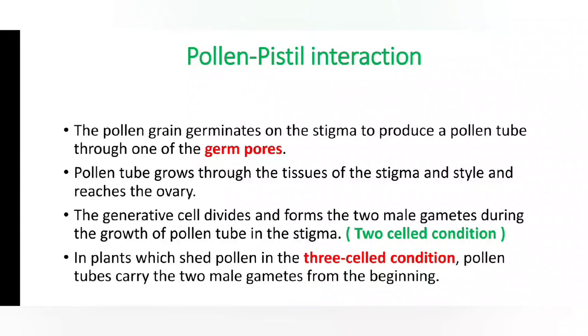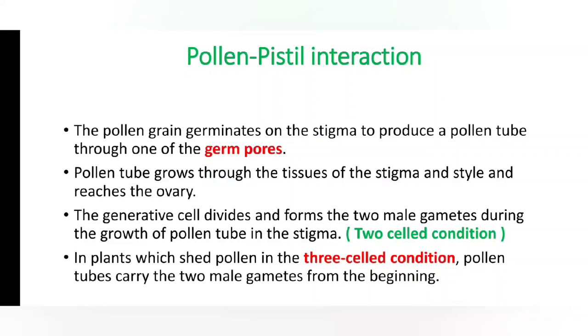The pollen tube grows through the tissues of the stigma and style and reaches the ovary. It travels through the tissues of the stigma and the style, and finally it reaches the ovary.